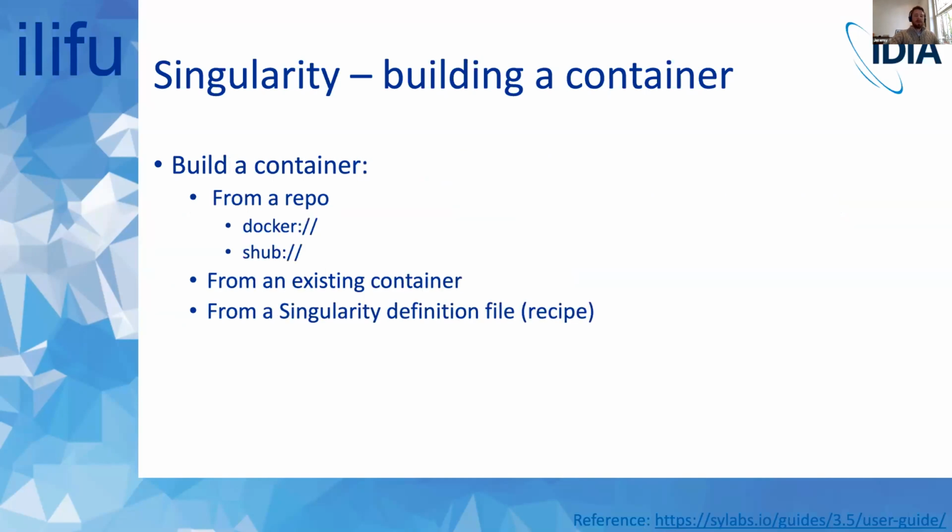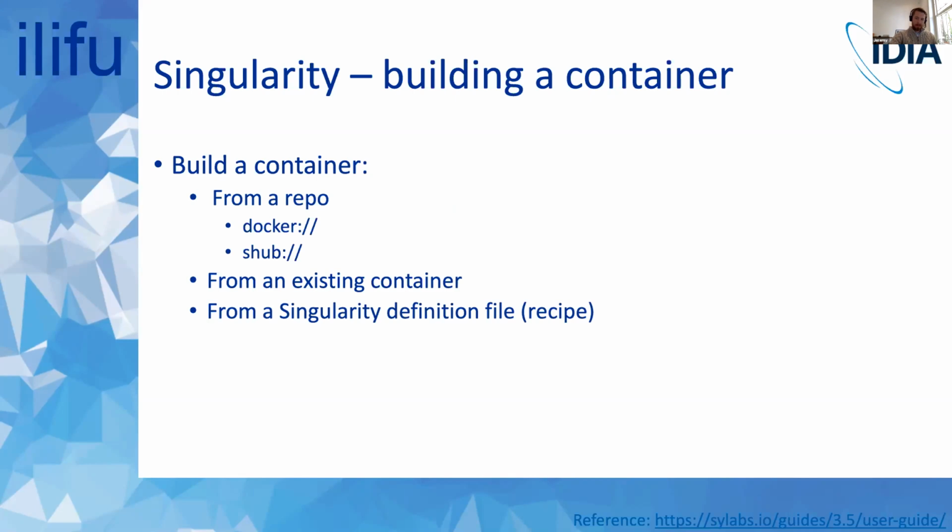The different ways to build a container include, as mentioned, building from an existing repo. You could even upload a Docker image onto Docker Hub and then pull it as a Singularity container onto ilifu. That's one option. You can also build a container from an existing container, so you can add software and packages or update a container by building on top of an existing container.